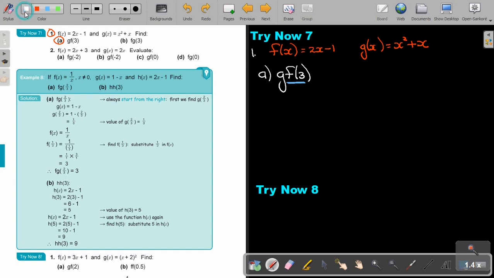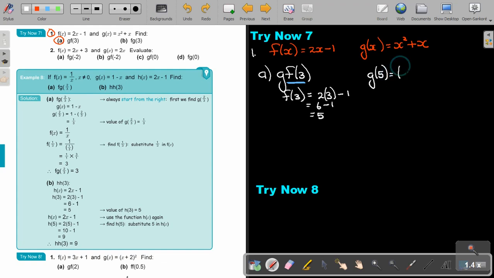So I will first start by saying f(3) equals 2 times 3 minus 1, which will be 6 minus 1, which will be 5. And then I will say g(5), because that answer is 5.